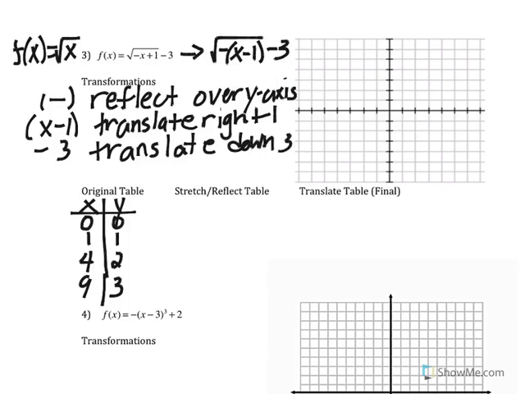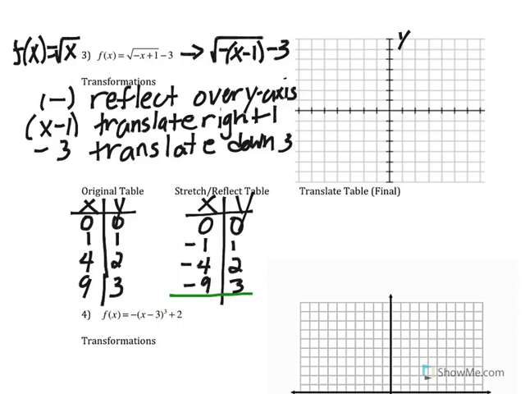Okay, so first thing we're going to do is make all of the x values negative because you're going over the y-axis. Here's your y-axis. If you reflect over that, it's the x values that will change. It's kind of the opposite value than what's in the sentence there. Everything else stays the same.